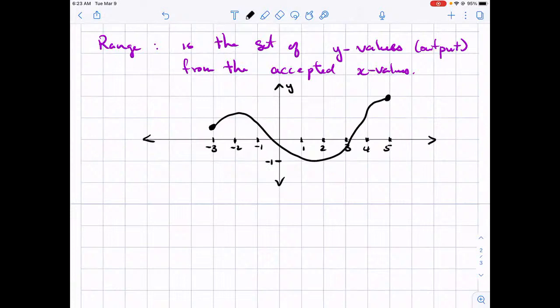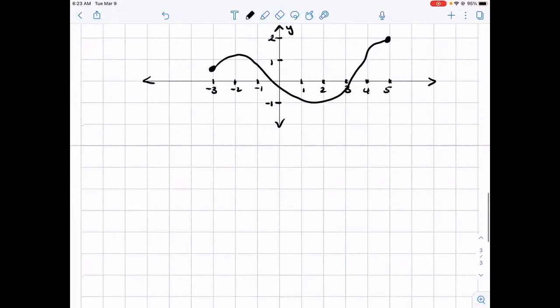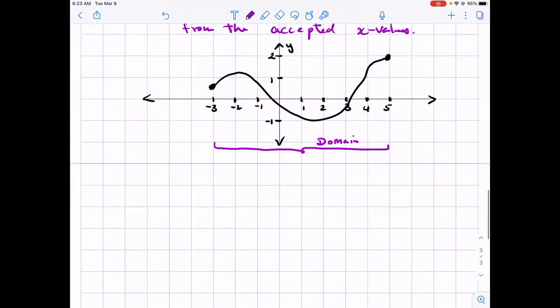And here we have -1, here it's 1, and here it's 2. So these x values from here going all the way up to here, okay? That's your domain. The domain is the x values, okay? And the range would be from here, going all the way down to this point here. This is what we call the range.